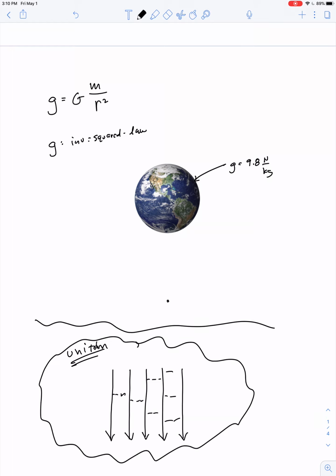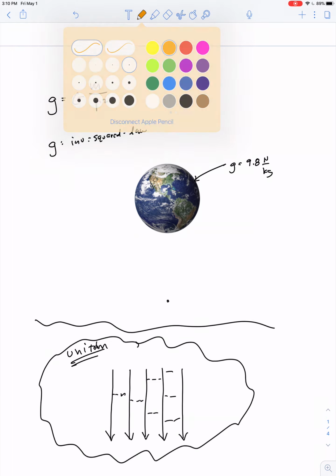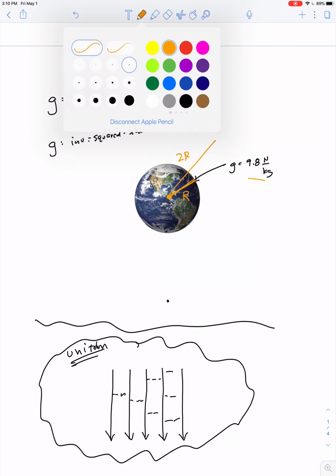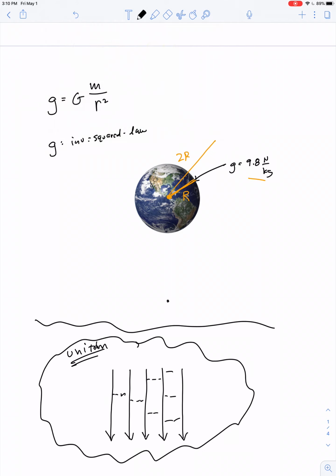That means if we double the distance, if the field strength at a distance from the center of the Earth of capital R is equal to 9.8, then at a distance of 2R, the field strength should be not just 1/2, but 1/4 of 9.8, which should give us approximately 2.5 newtons per kilogram.